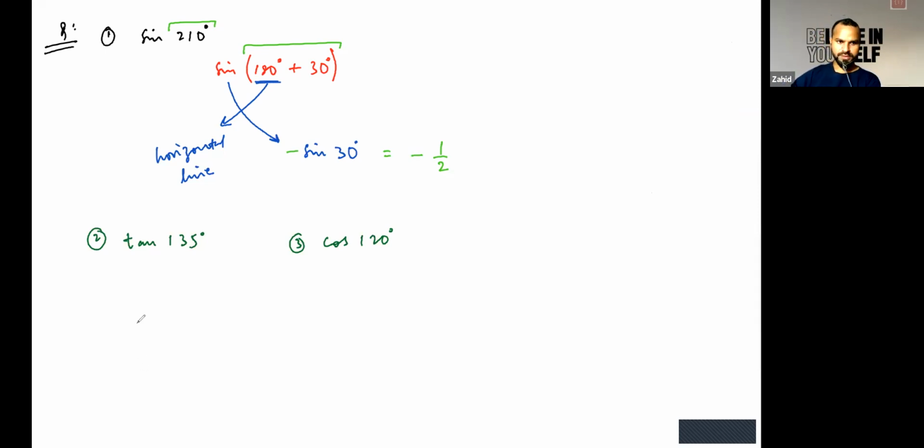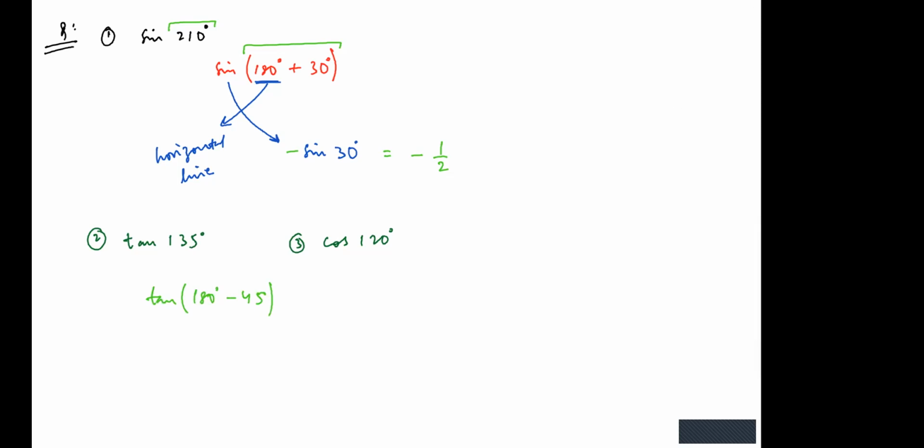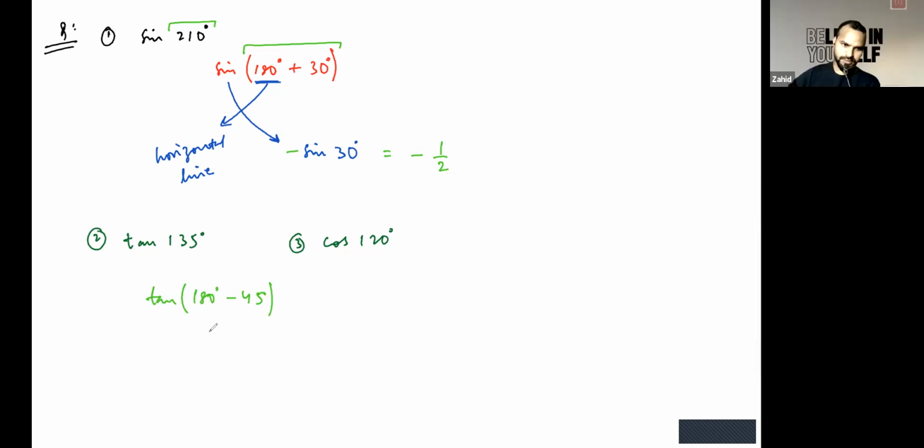Just see how to solve it. Write tan of 135 with respect to 180 degrees. So it will be tan of 180 degrees minus 45 degrees, which equals 135. Is it clear, Alan? Now, in this splitting, this tells you nothing but a horizontal line on which there will be no change in the trigonometric term.